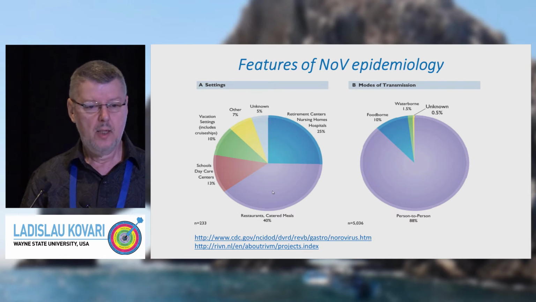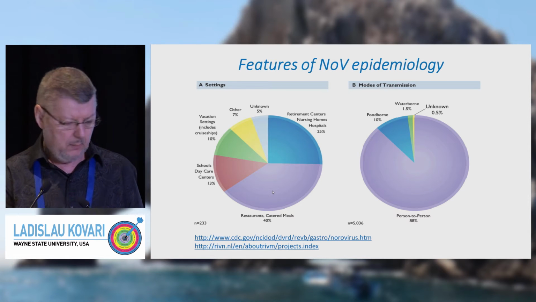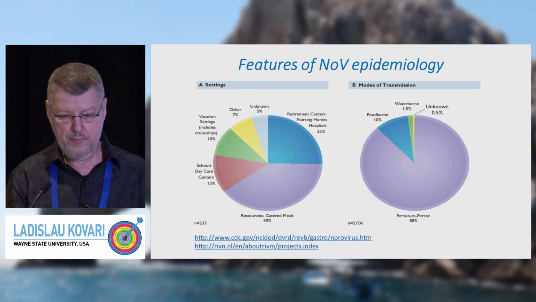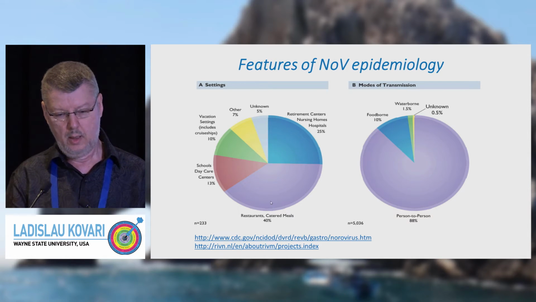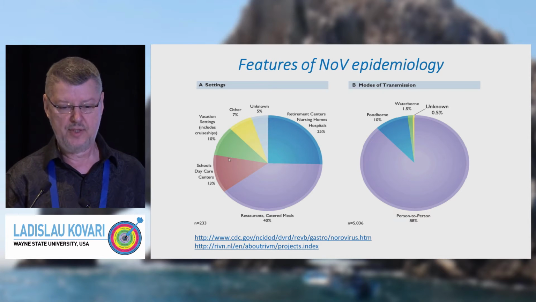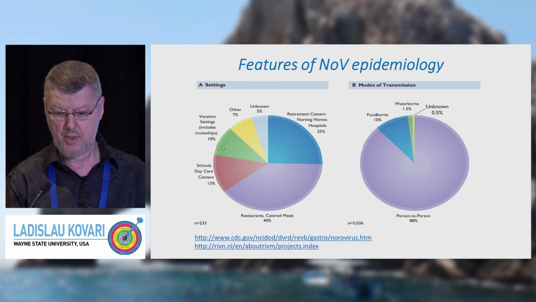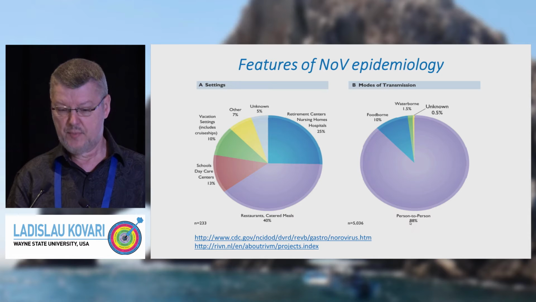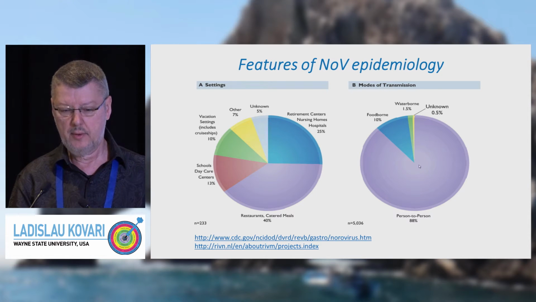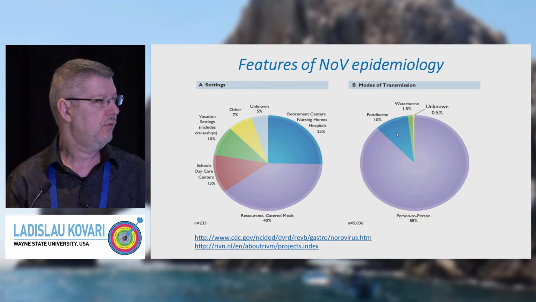The disease occurs in enclosed spaces. So this is in retirement centers, nursing homes. It can be restaurants, catered meals, schools, daycare centers, and vacation settings. The main modality of transmission is from person to person, and there is also foodborne.